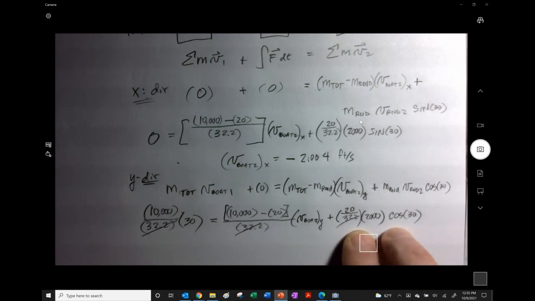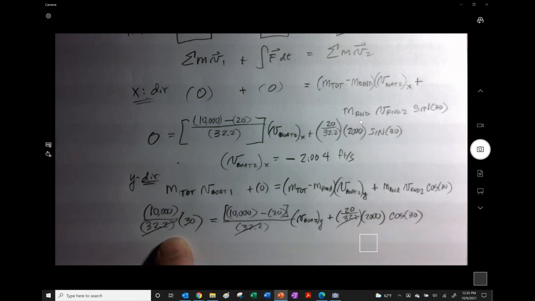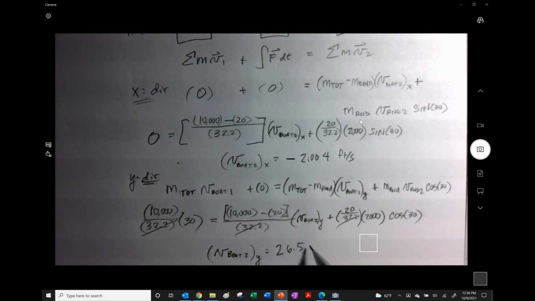So we're going to subtract that out from over on this side, right? And then we're going to divide by this other piece right here. Boom. And we're going to find the velocity of the boat afterwards in the y direction is going to be 26.59 feet per second.